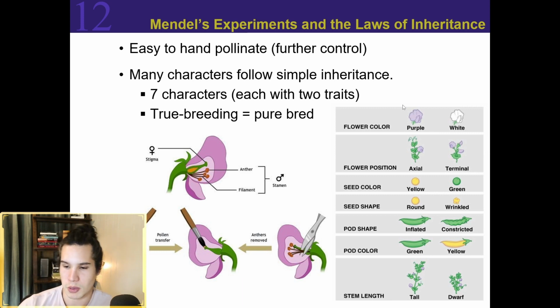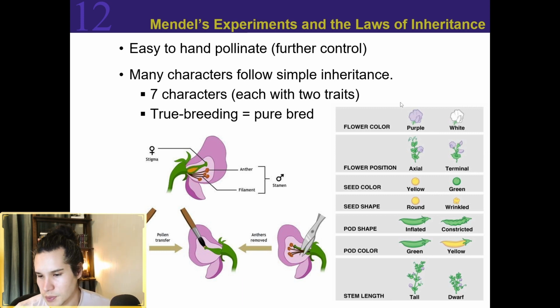Now, when looking at these pea plants, he found that they had this tendency to pass on traits that were kind of binary in nature, meaning there was no in between. So, for example, with flower color, you would have purple flowers or you'd have white flowers. You wouldn't have anything in between, no intermediate, like light purple.